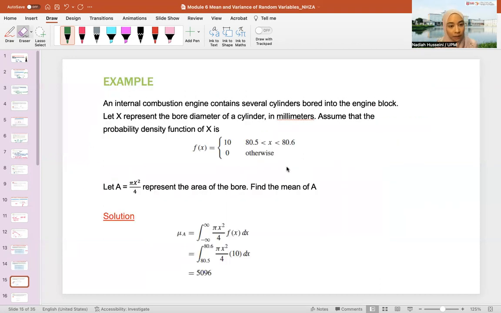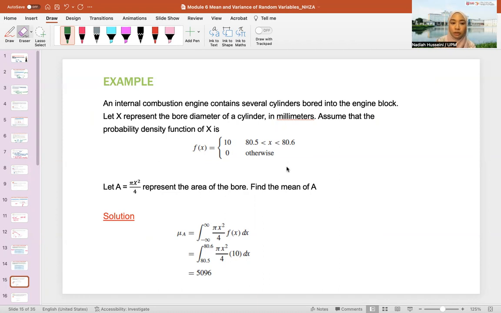Okay, never mind. Example: an internal combustion engine contains several cylinders bored into the engine block. Let x represent the bore diameter of a cylinder in millimeters. For this lecture, I don't think the question really matters because we're talking about the equations a lot more.